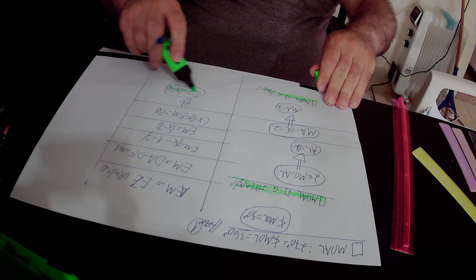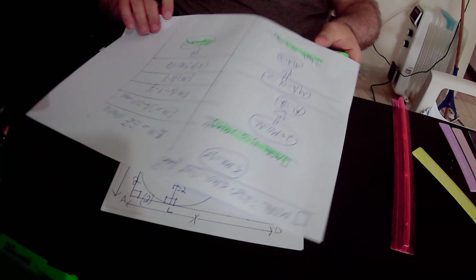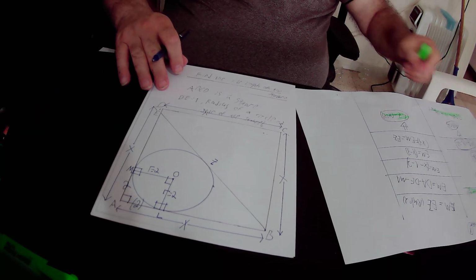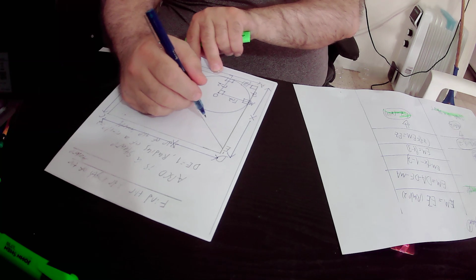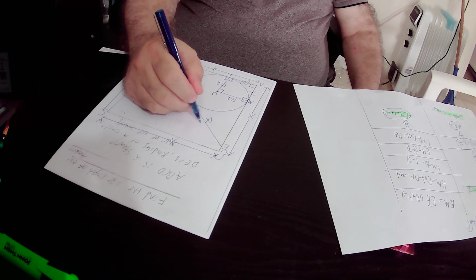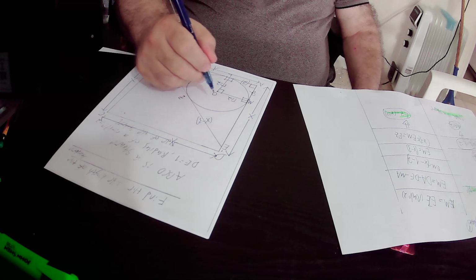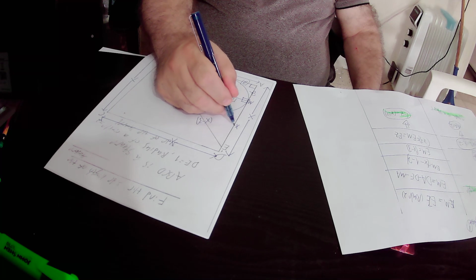So we can write here that EZ equals x minus 3, and we already found out that EM equals x minus 3.